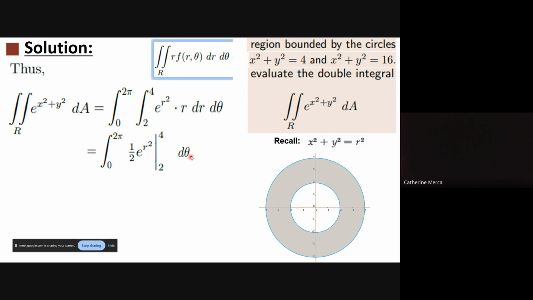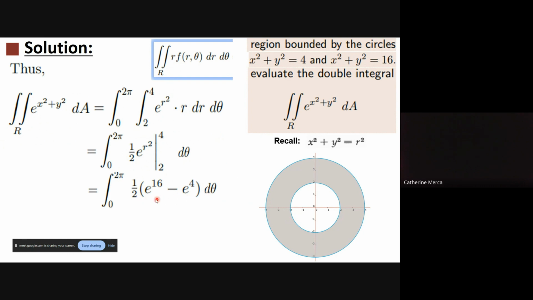Okay, and you have your d theta, but before you evaluate with respect to theta, you have to write it as 1/2 e to the 4 squared, that's the upper limit, minus e to the 2 squared. E to the 4 squared is e to the 16, e to the 2 squared is e to the 4. So 1/2 now of e to the 16 minus e to the 4 d theta.